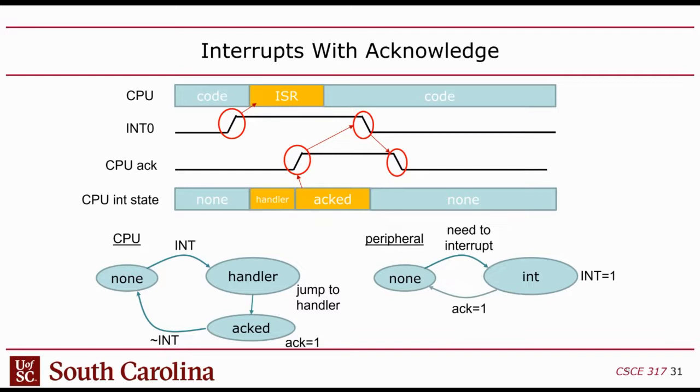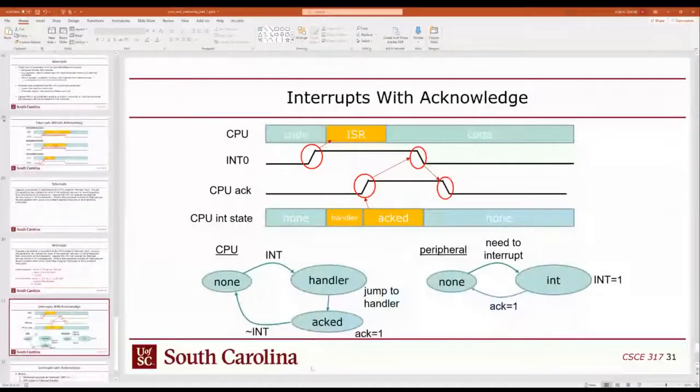From the peripheral perspective, it would stay in the interrupt state until it sees the acknowledge. So there's just a little three-state sequence for the CPU and a two-state sequence for the peripheral. It's nice and simple, and it ensures that there's synchronization between the CPU and peripheral.